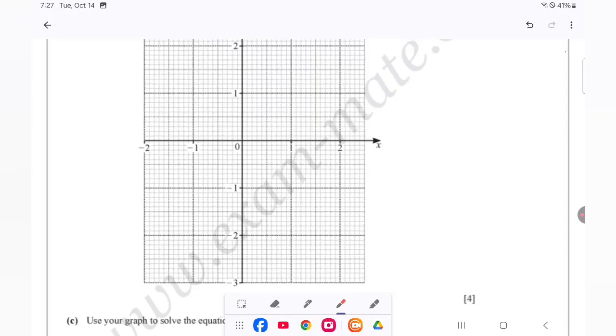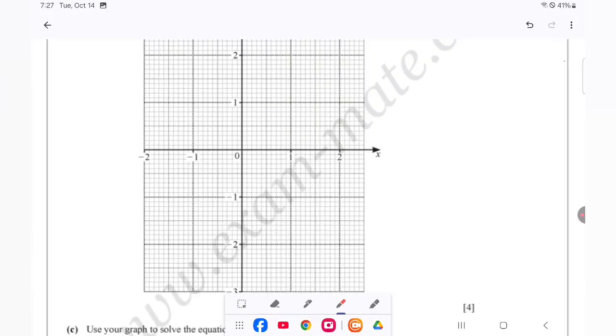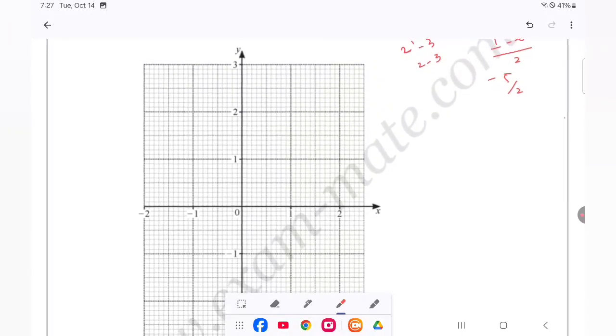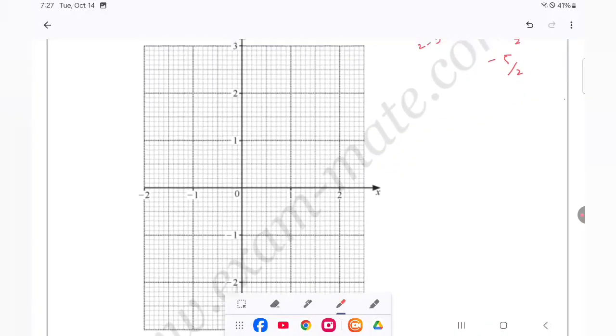So the graph should be something like this.